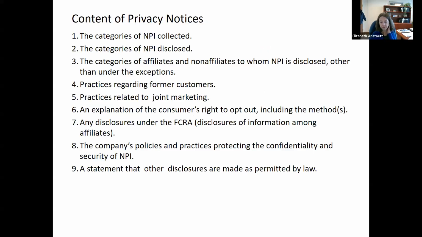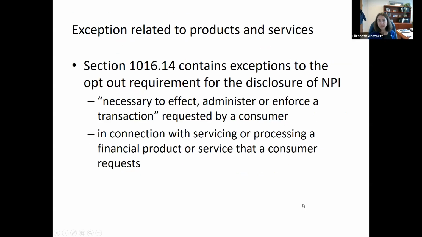So we were at the content of the notices, and I'm very curious, of course, as to how much notice individuals take of their privacy notices, and I encourage you to share that in the discussion board. But there's a big piece that's not in the notice, and that is the sharing pursuant to the exceptions. And one of the exceptions, it's in 1016.4, these are all in Title 12 of the Code of Federal Regulations, is sharing necessary to effect, administer, or enforce a transaction?